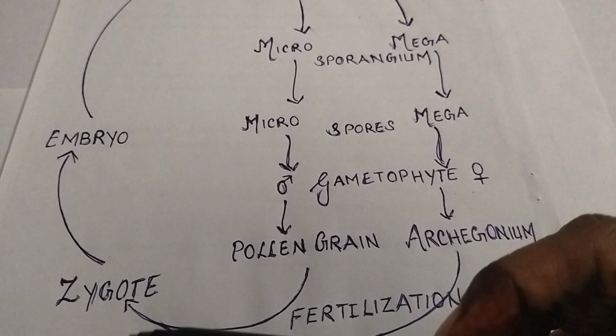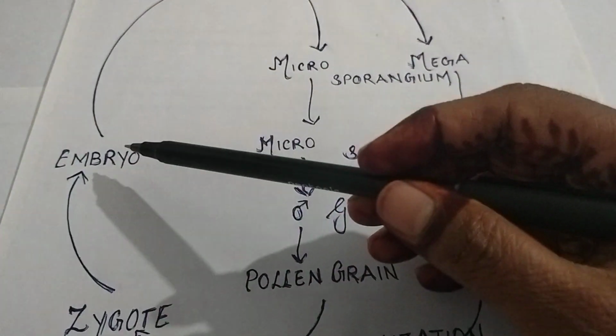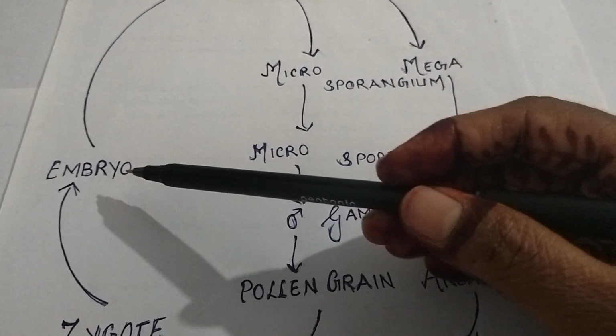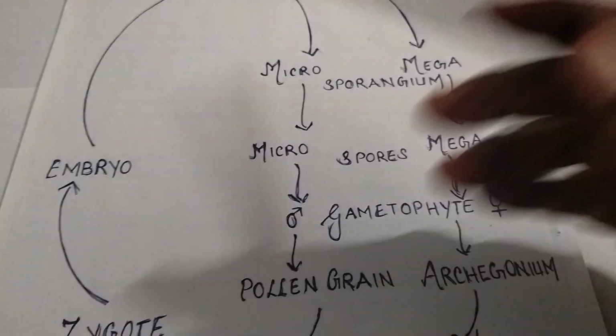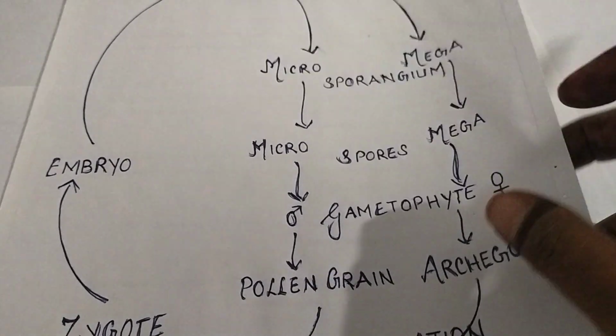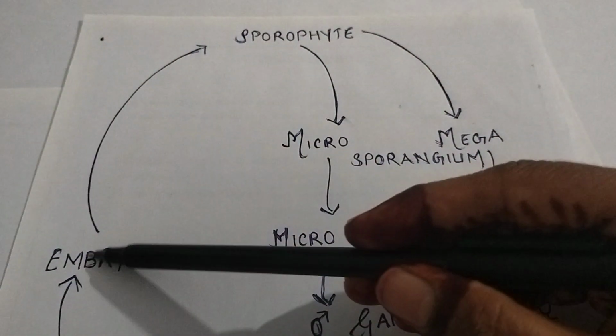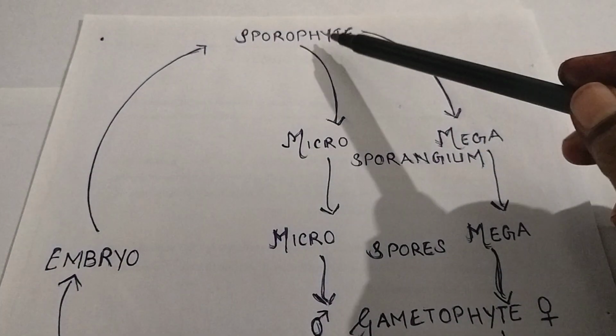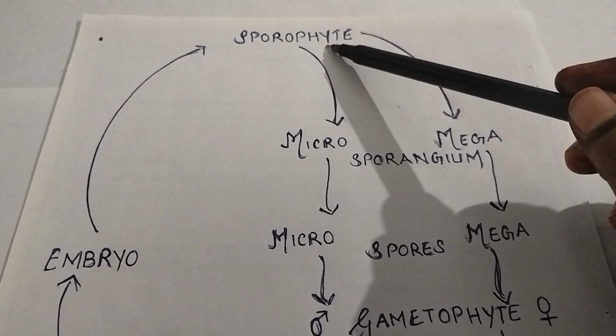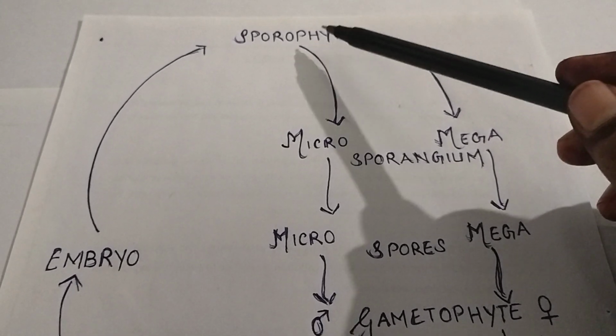Now this zygote will develop into an embryo. Similarly, as we have studied earlier in pteridophytes, the zygote will develop to form an embryo, and this embryo will now develop to form a sporophyte, a new plant.